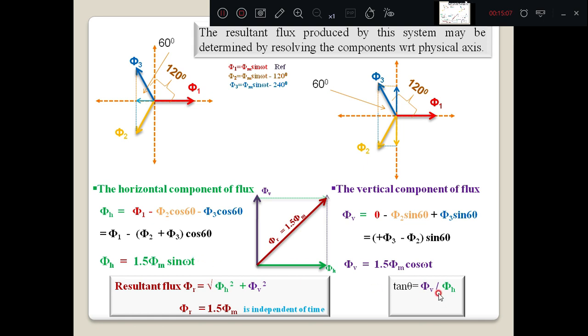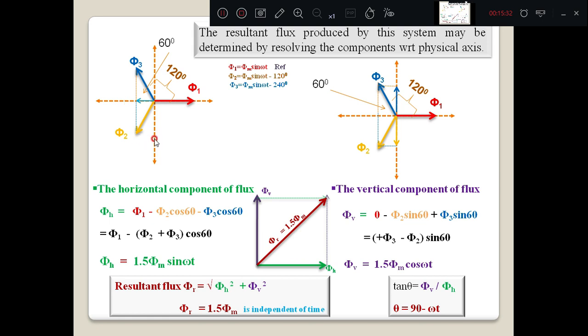Cot omega t you have to convert into tan of (omega t minus 90). Therefore, on both sides we have a tan function that can get cancelled, that is theta is equal to 90 minus omega t.